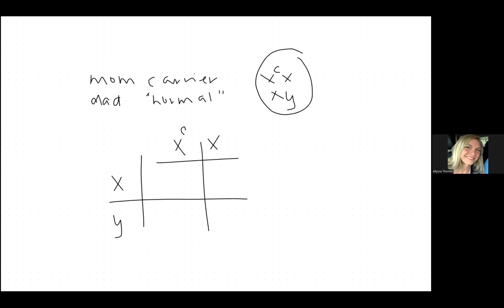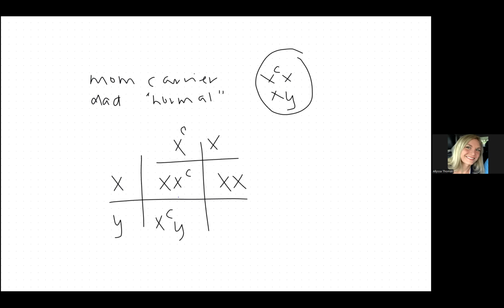From this person, this is a female, and she is a carrier, but she doesn't actually have color blindness. Now, if we go to this individual, this would be a female that's not affected at all. She would be considered normal or healthy and not a carrier. But now if we look here, this would be a male that does have color blindness.